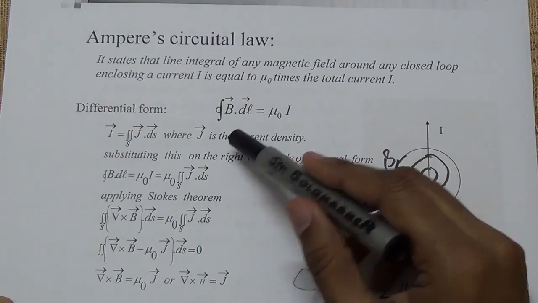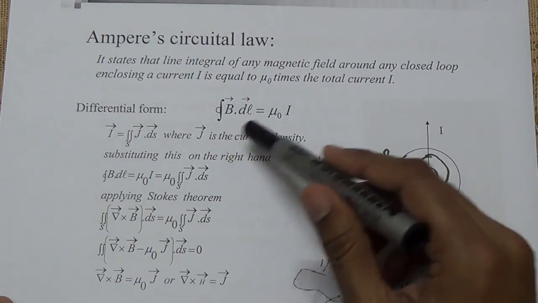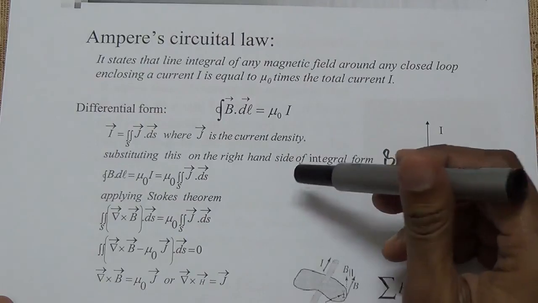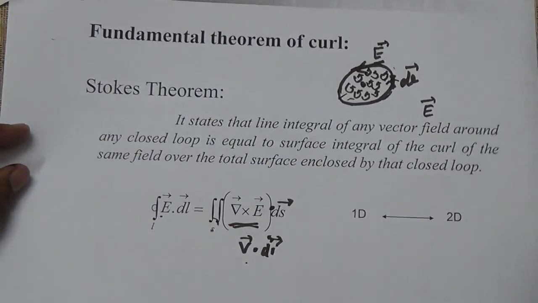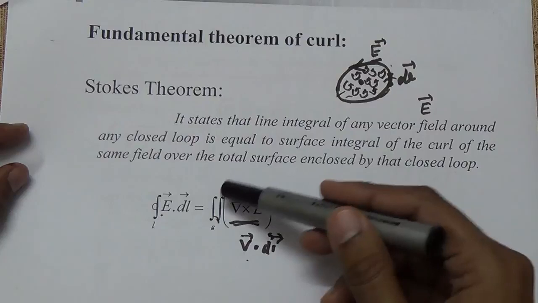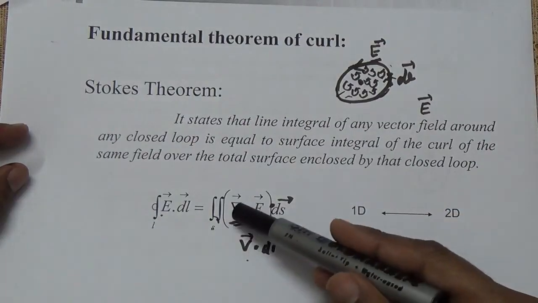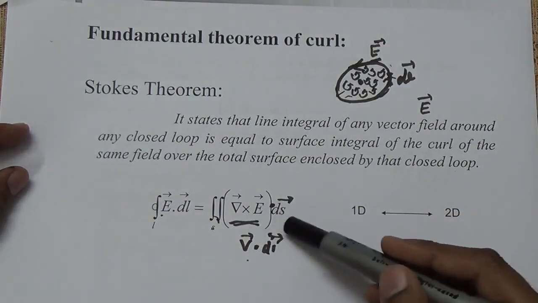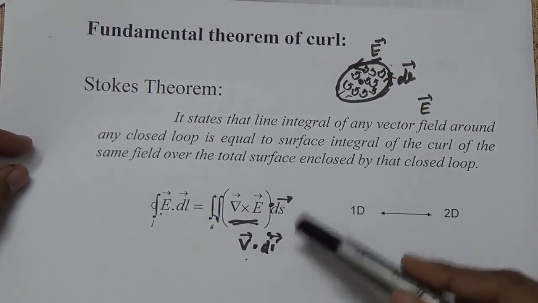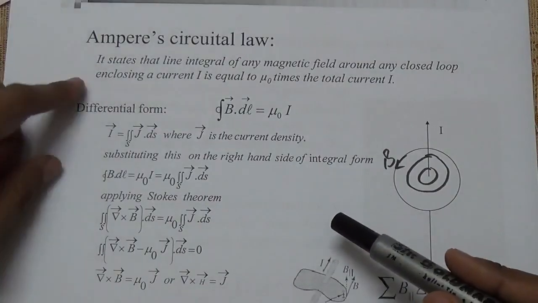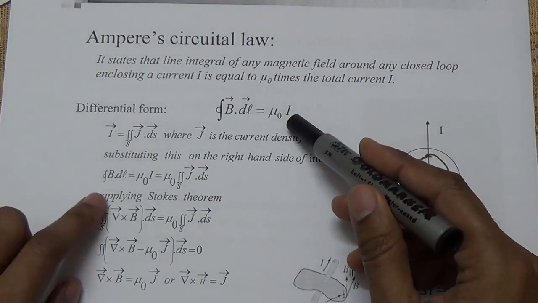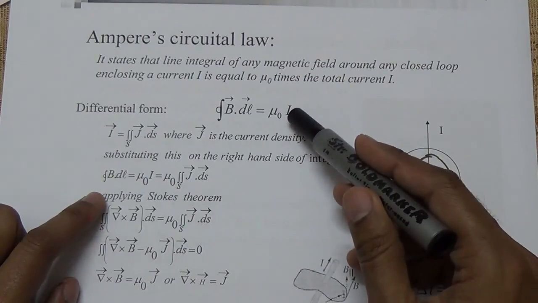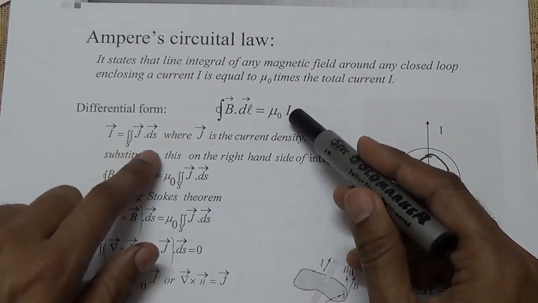Now we have to convert this integral form into the differential form. From the Stokes theorem we know that the closed path integral of E dot dl is equal to the open surface integral of curl of E dot ds. So now we have to use this theorem to convert Ampere's circuital law into the differential form. But before that, one more important formula for the current, that is J dot ds.